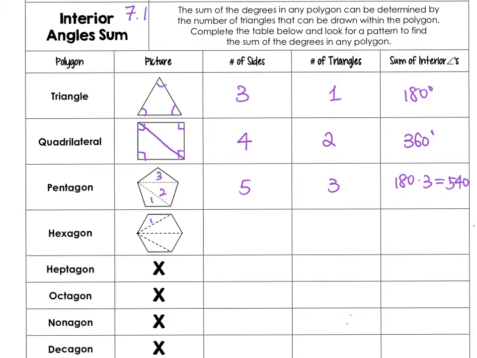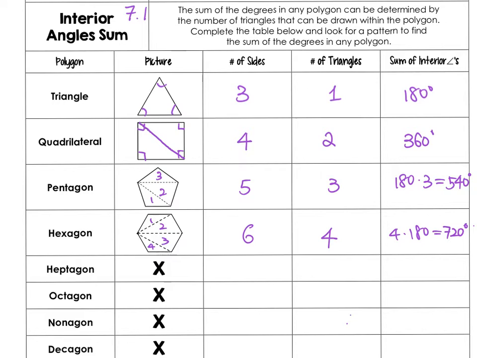Hexagon, I have 1, 2, 3, 4 triangles. So I have 4 triangles, but I have 6 sides. So it becomes 4 times 180, or 180 times 4. It's 720 degrees.